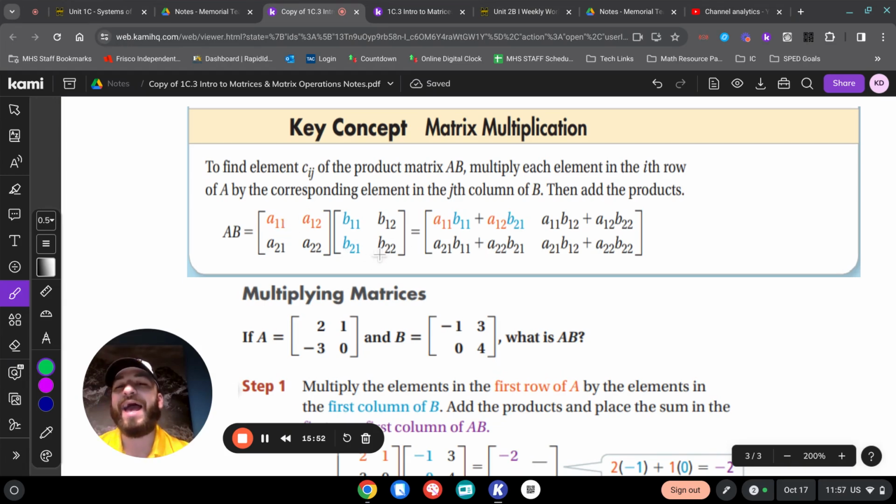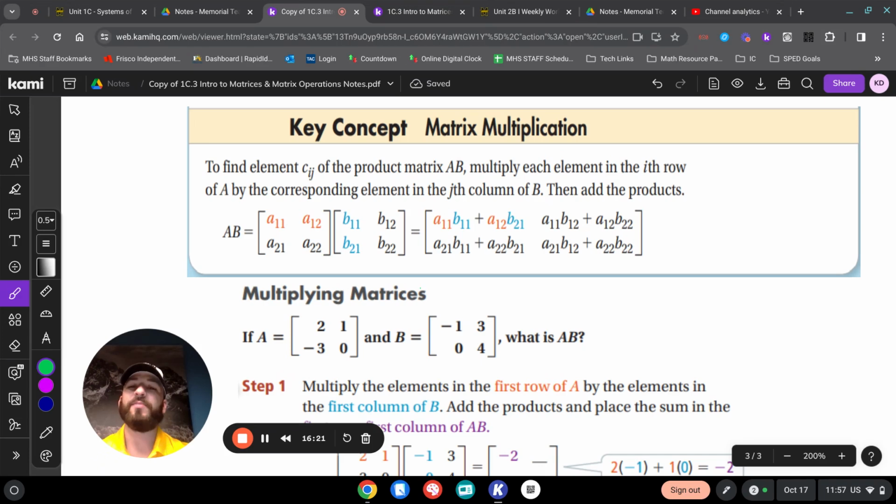And then we add those two multiplications together. And then we just repeat. So for our next one, it's A11, A12 times B12, B22, then A21, A22 times B11, B21, and A21, A22 times B12, B22. So we're just doing that same thing to get those four resultant pieces.